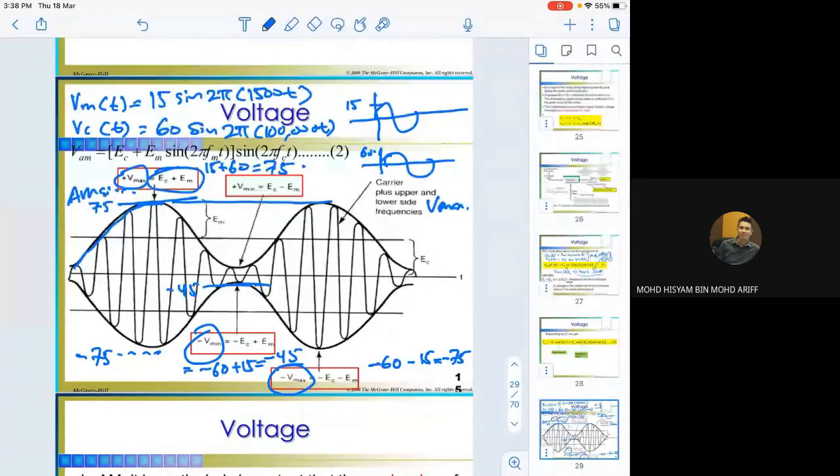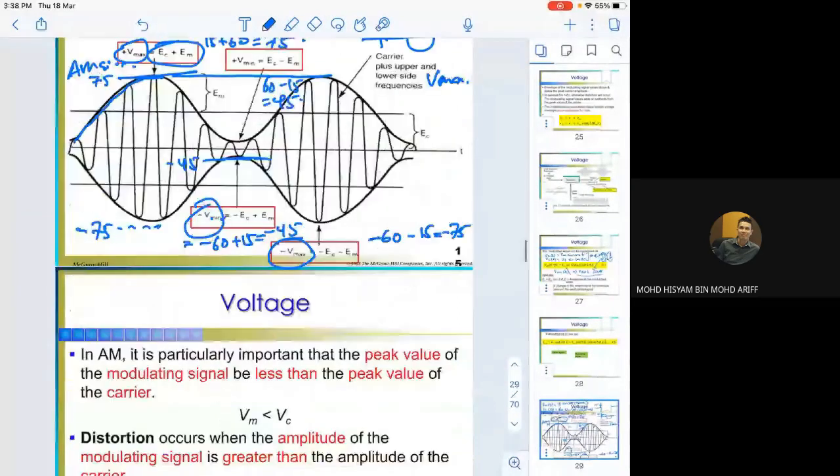Now positive Vmin equals Vc minus Vm, so 60 minus 15, you get 45. So basically this is how you draw the AM signal. The mathematics I will derive next class. Clear?